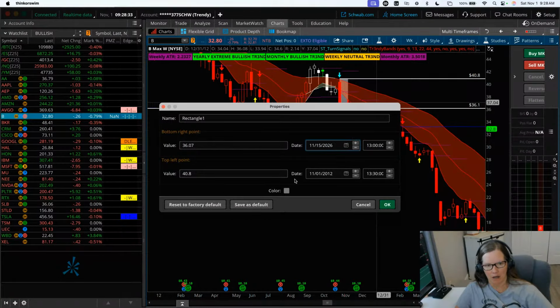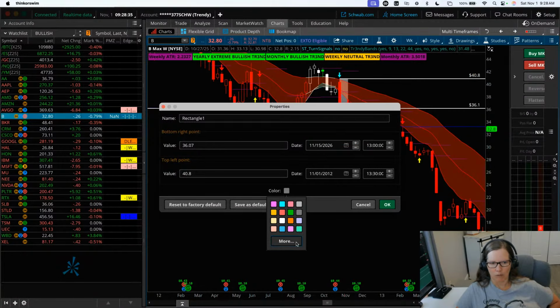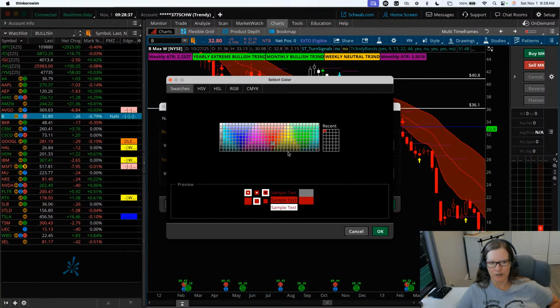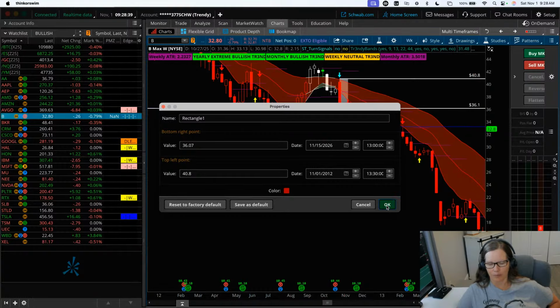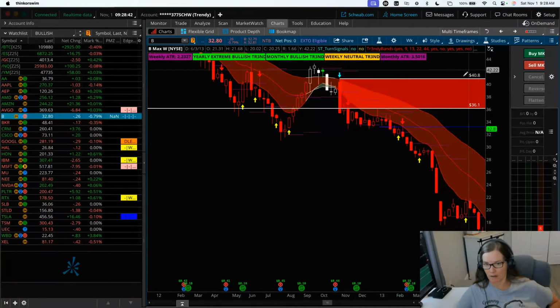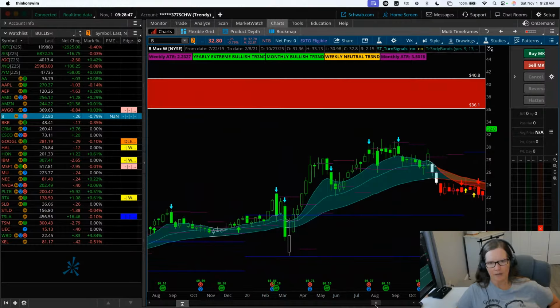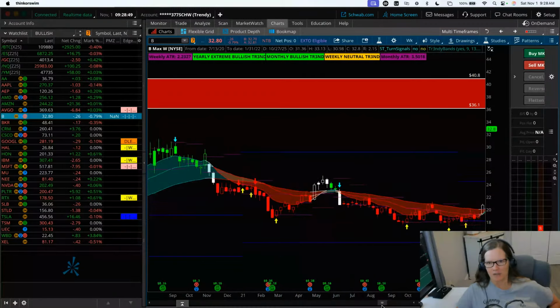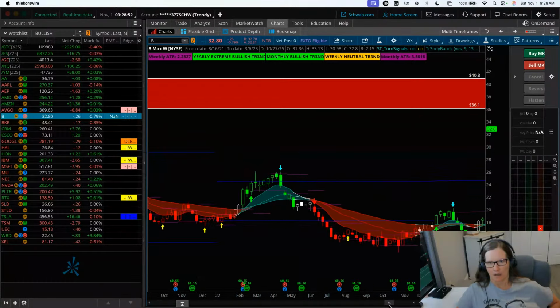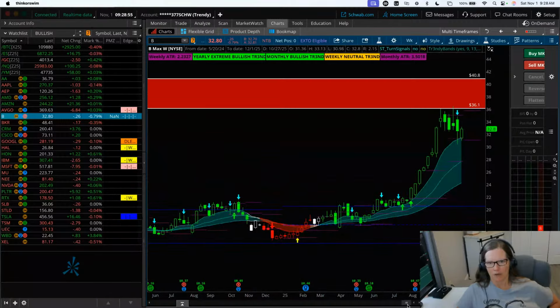We get asked how long these zones are relevant. Well, they're relevant until price breaks and closes, in this case, above them. But look, from 2012, that's 13 years ago, guys, nothing.